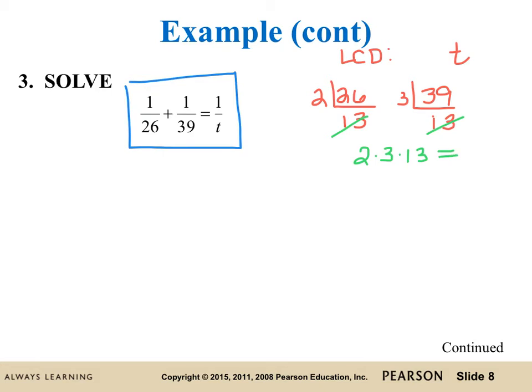And that product is 78. So we could say that the LCD is 78t.